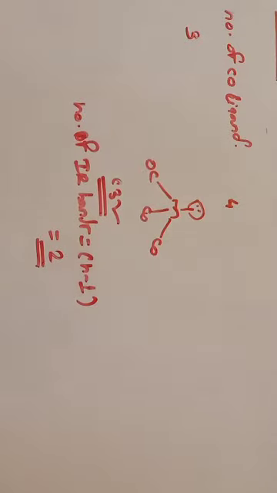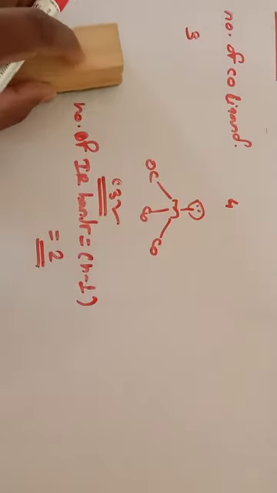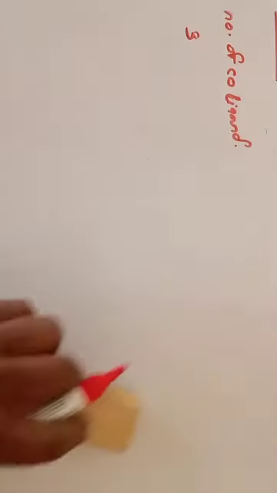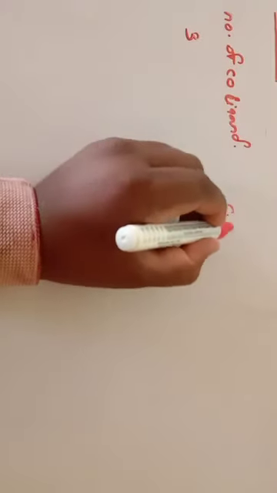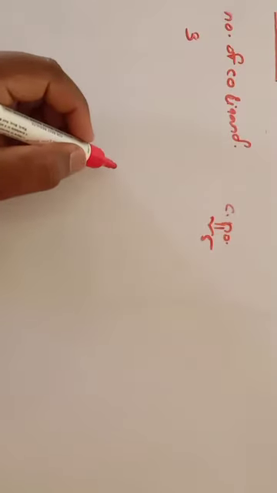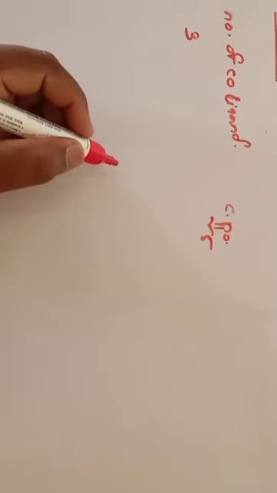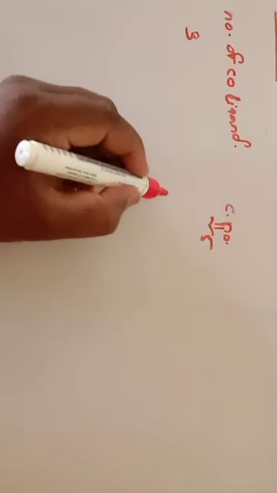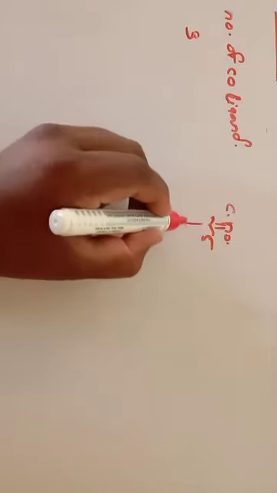Let us consider the second case, when the coordination number is 5 and there are 3 ligands. What are the possible structures?